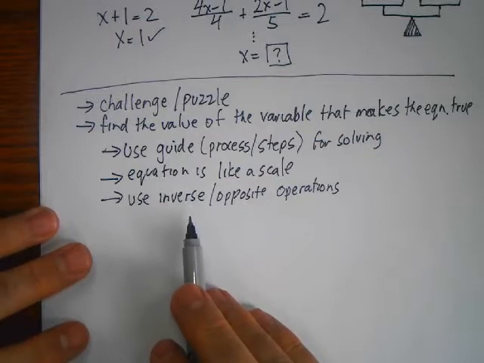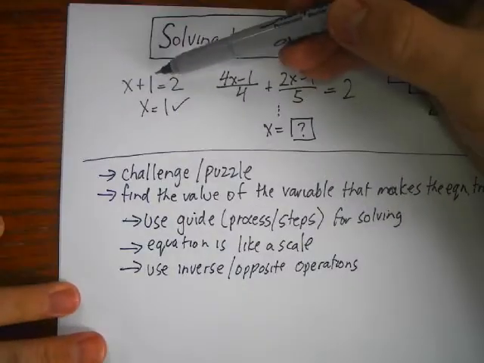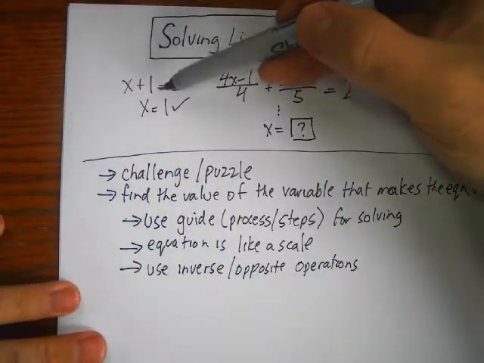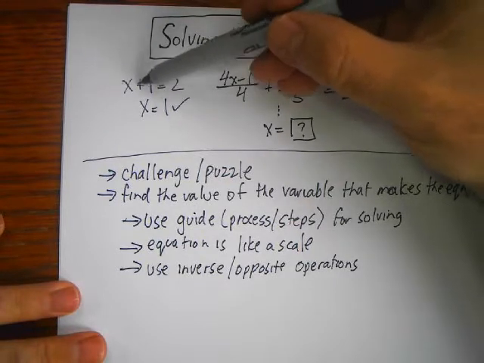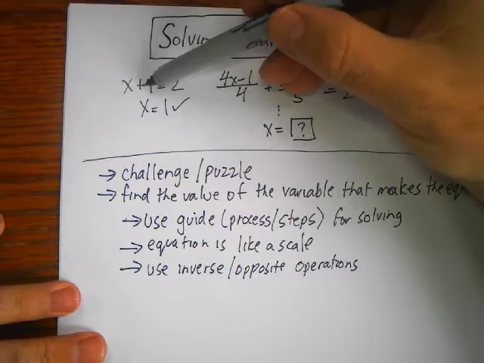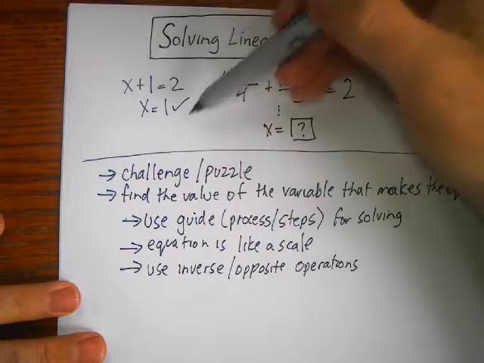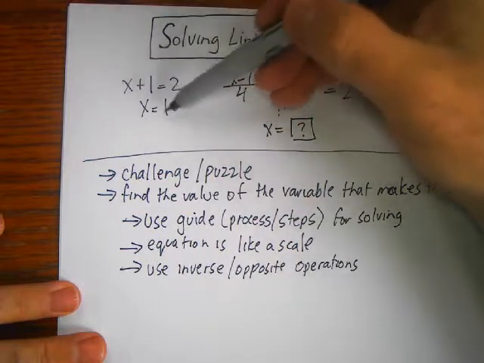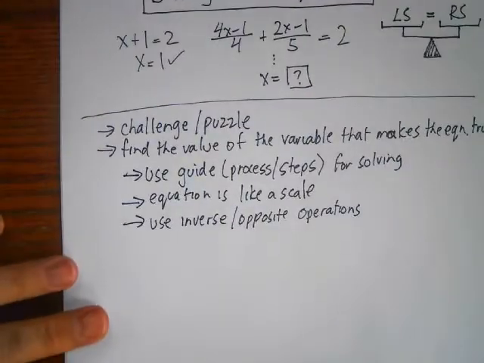So if I want to get rid of, for example, this one here, doing the process, I would subtract 1 from both sides. So when I subtract 1 from here, these two cancel. That cancels out with the plus 1, and then I have 2 minus 1 here, which would be 1. So that would be the methodical process way of doing that one, other than just guessing. Okay, so that's what we're going to be doing.